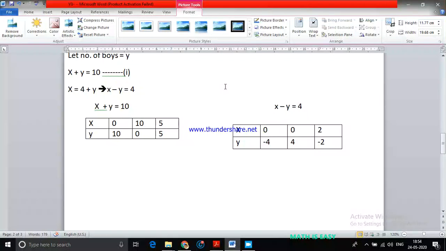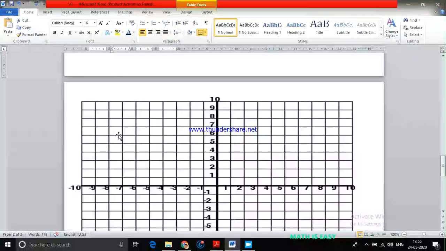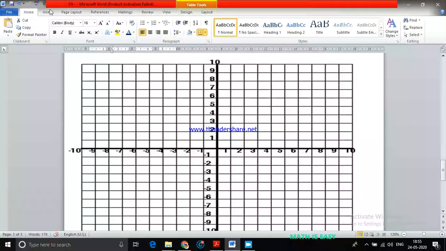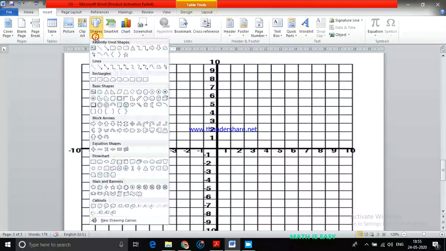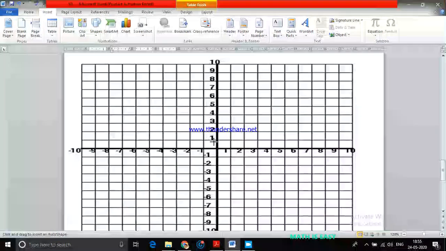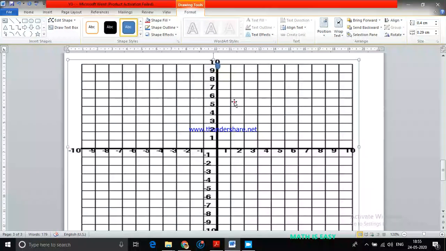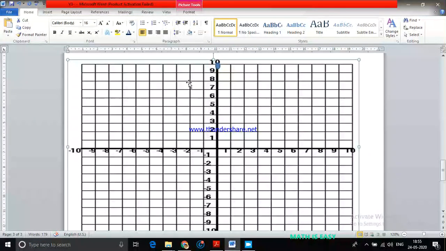Here you see, for the first equation, my first point is 0, comma 10. X is 0, y is 10. So can you guess where the point lies? X is 0 means nothing to move on the left or right. Y is 10 means from 0, you go straight up till you reach 10. So this is the point, x is 0, y is 10.